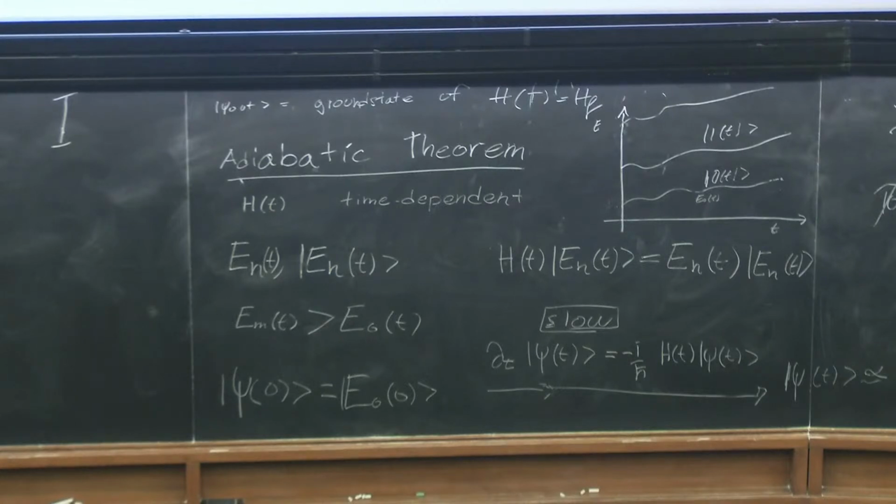And now, in this case, we can rewrite the Schrödinger equation using the variable s.